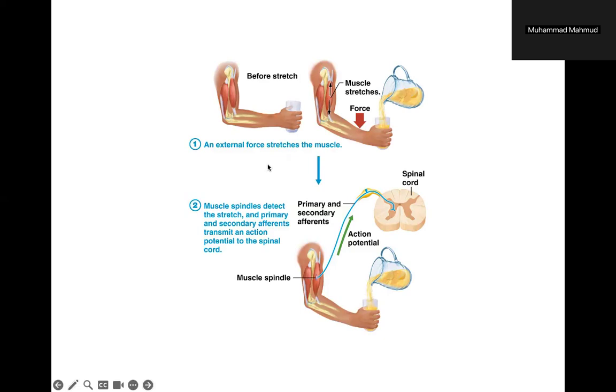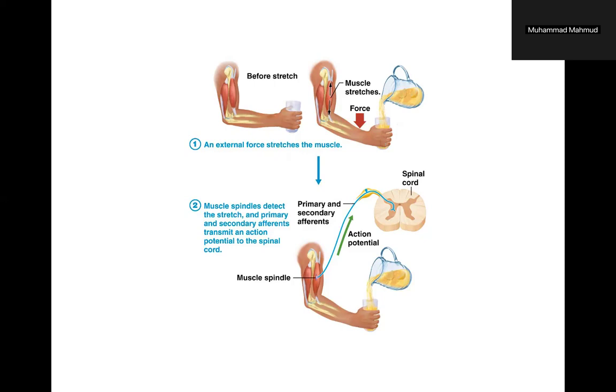If you are holding an empty glass with your arm, your external force stretches the muscle, and the muscle is in a taut position, holding that glass to overcome these things in a certain position. Somebody is pouring water into your glass. So that will increase the force on your hand. On your arm, the force will be more.